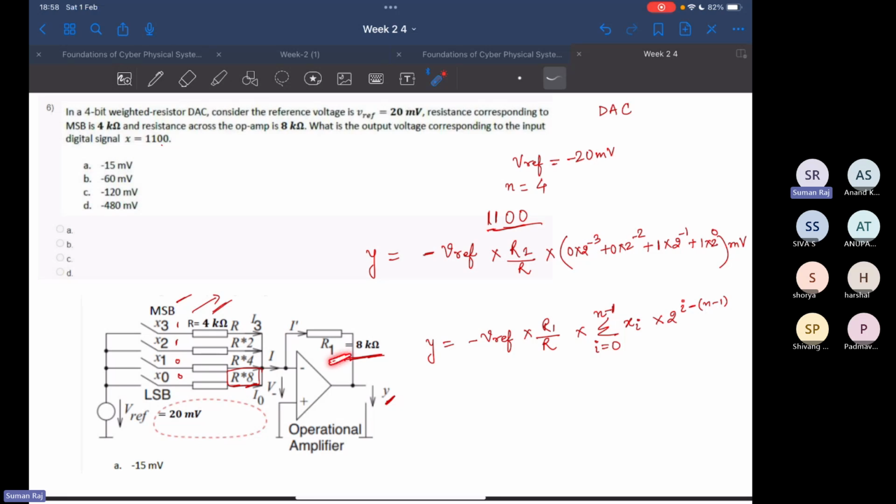This is R1, this is your R. Op amp is always R1, correct, yes.